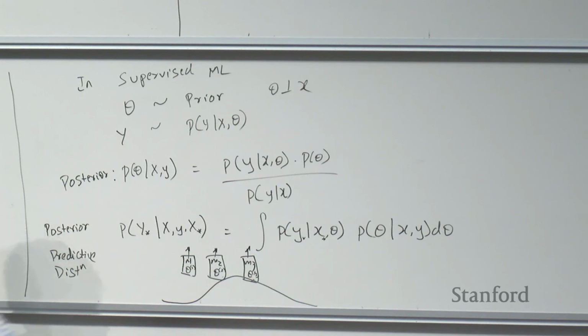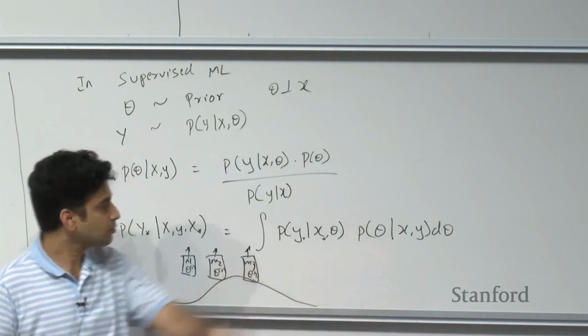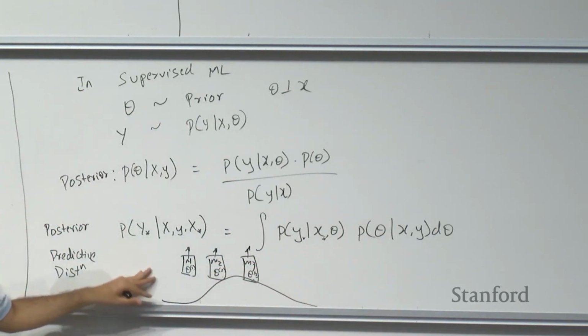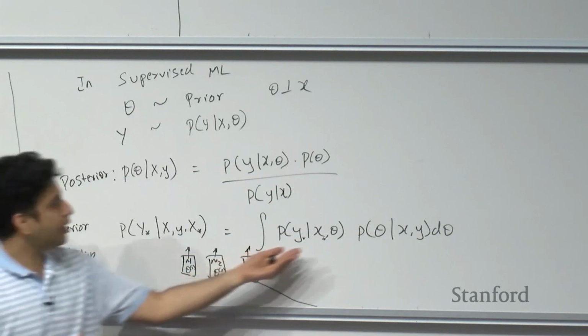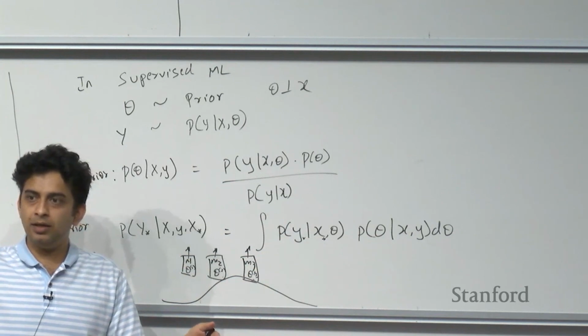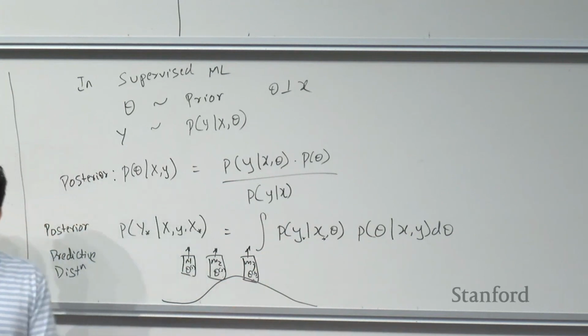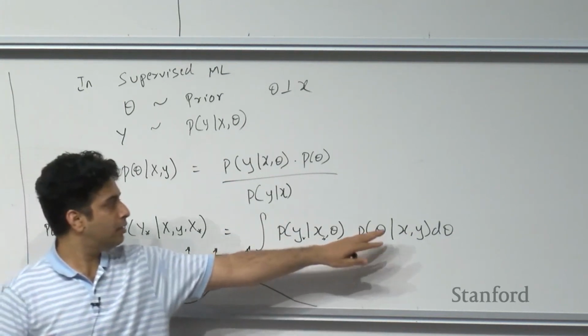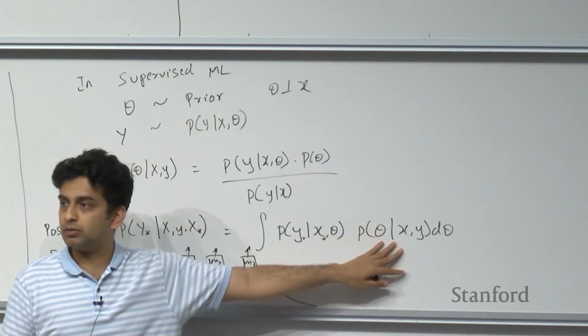That's what the posterior distribution is telling you. And for prediction, we are essentially taking the prediction from every one of the infinitely many possible values of theta and aggregating them by a weighted average, where the weights are decided by the posterior distribution.